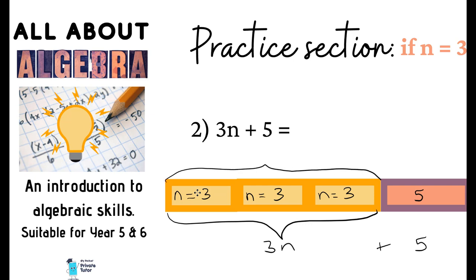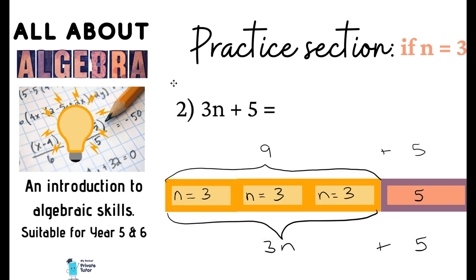This adds to 9, and I know this is 5, so I simply need to do 9 plus 5 to get my answer. Now if I actually look at my number sentence, 3n means 3 times n. I know what n is, it's 3.